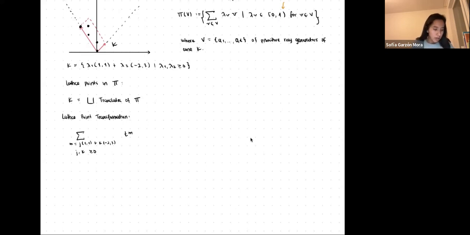Right, so this is for the translates of the fundamental parallelepiped more precisely, because I'm going to translate by J and K.